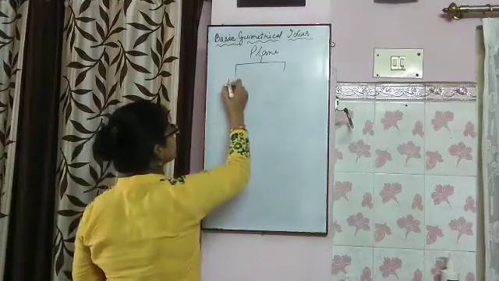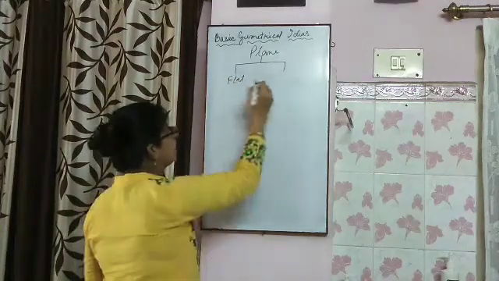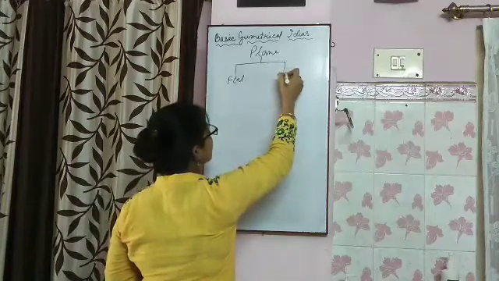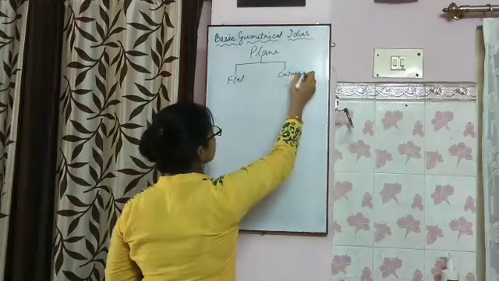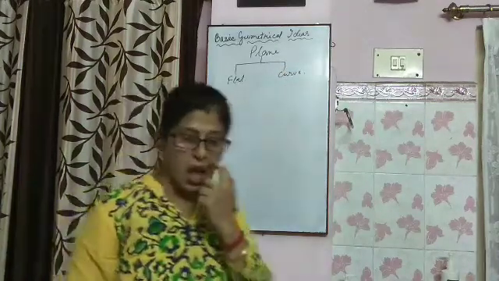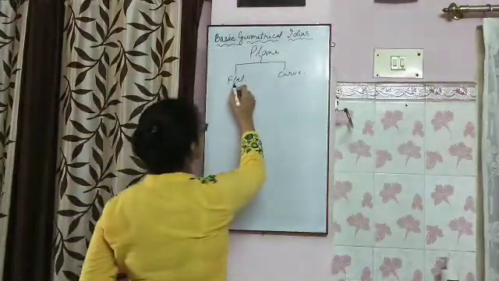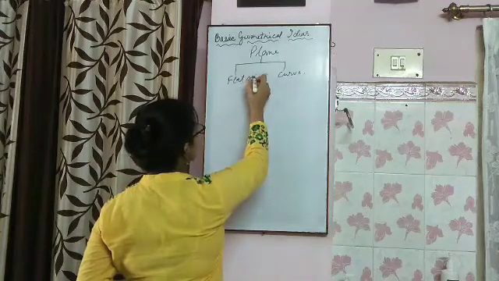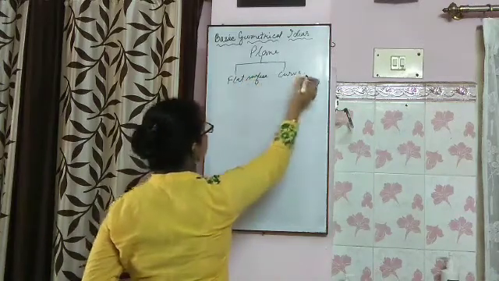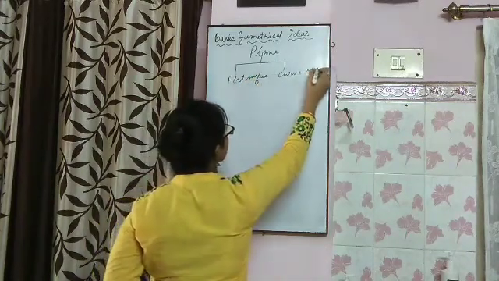One is flat and the other is curve. So one is a flat surface, the other is a curved surface.